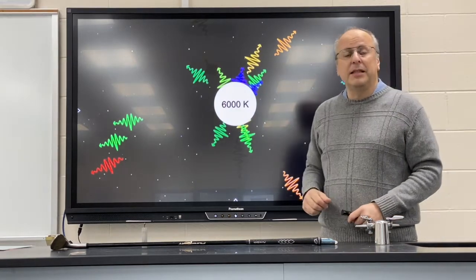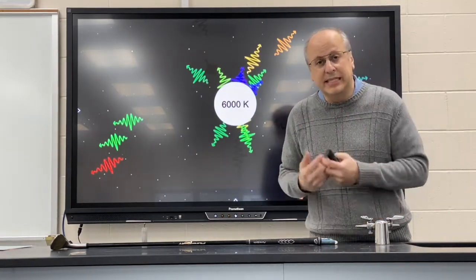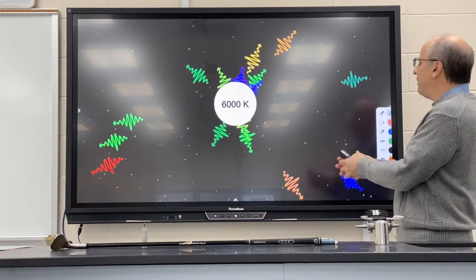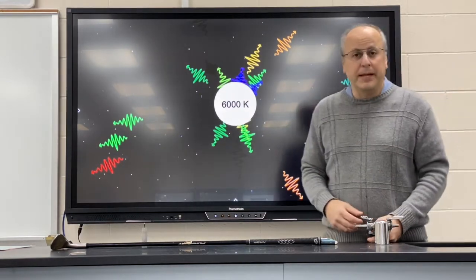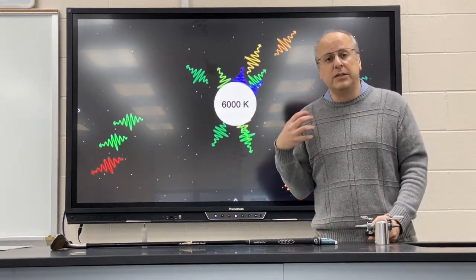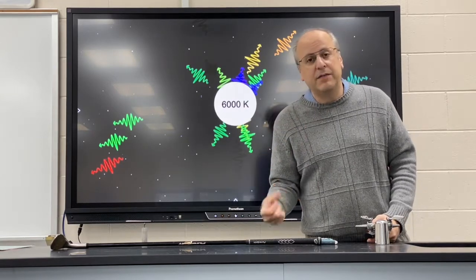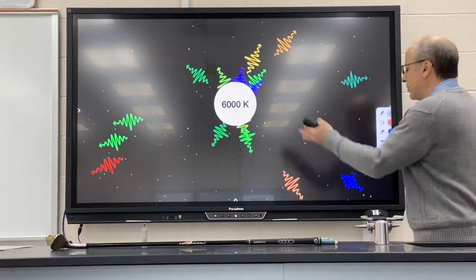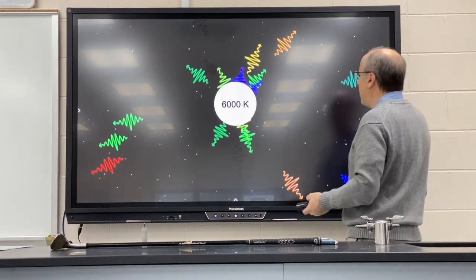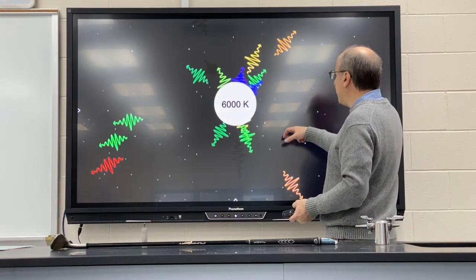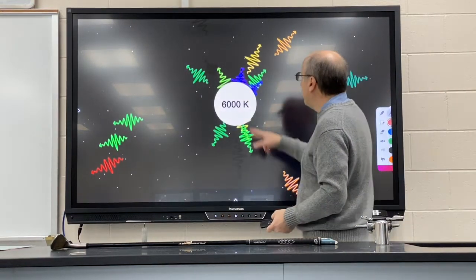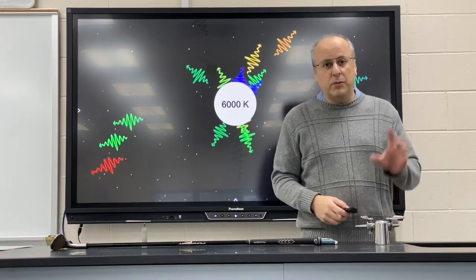And you can see by the time we double it again to 6000 that the amount of light is overwhelming. And we can also see that we are getting a wide variety of different types of light. Some reds, some greens, some yellows, some oranges, some infrared with the long wavelength, and some ultraviolet with the really compressed wavelength.